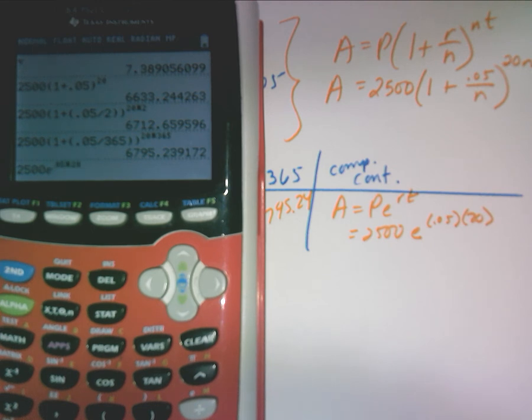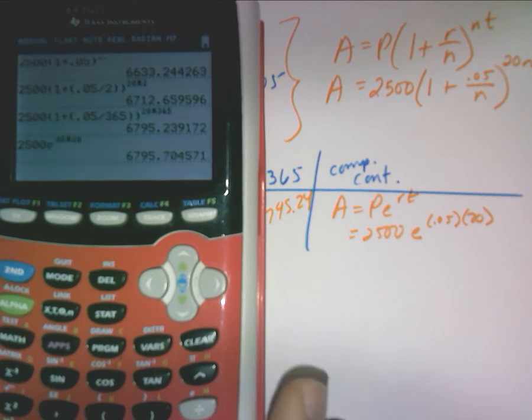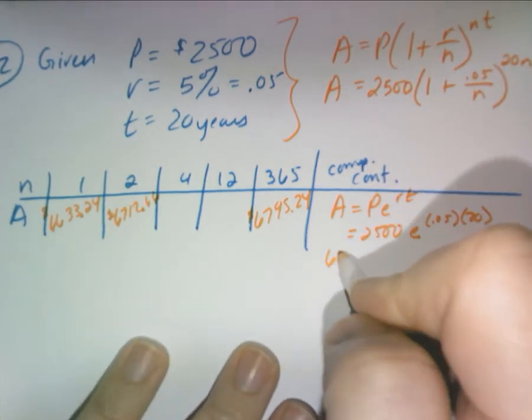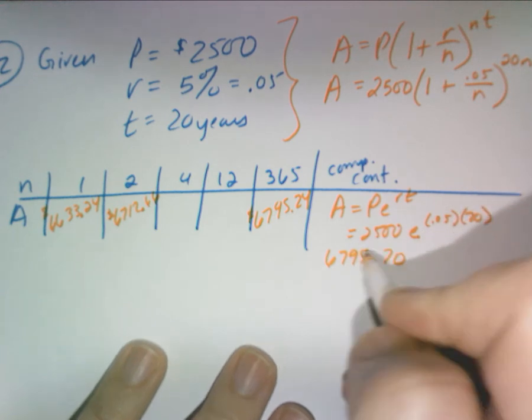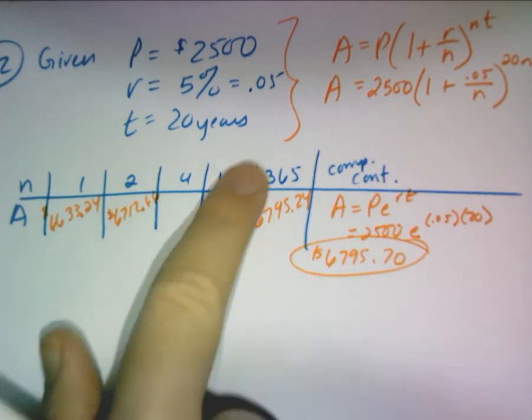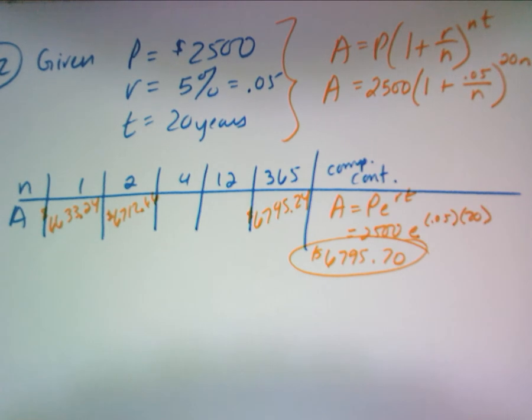I let the calculator do all that work for me, and I get 6,795.70. Just a slight increase from daily. So again, if you go to the bank and read the fine print in your student loan, your student loan might be up here more like that.